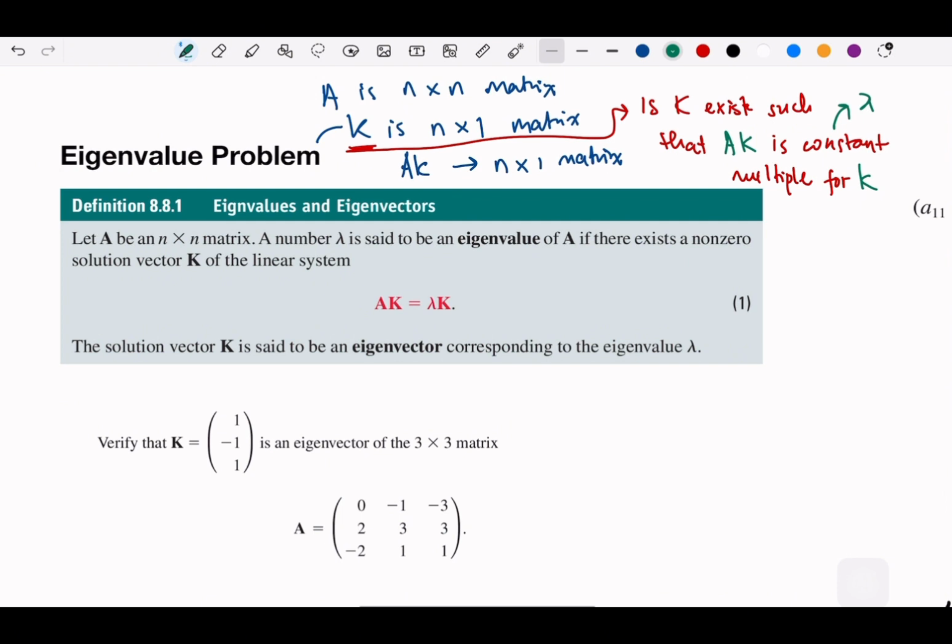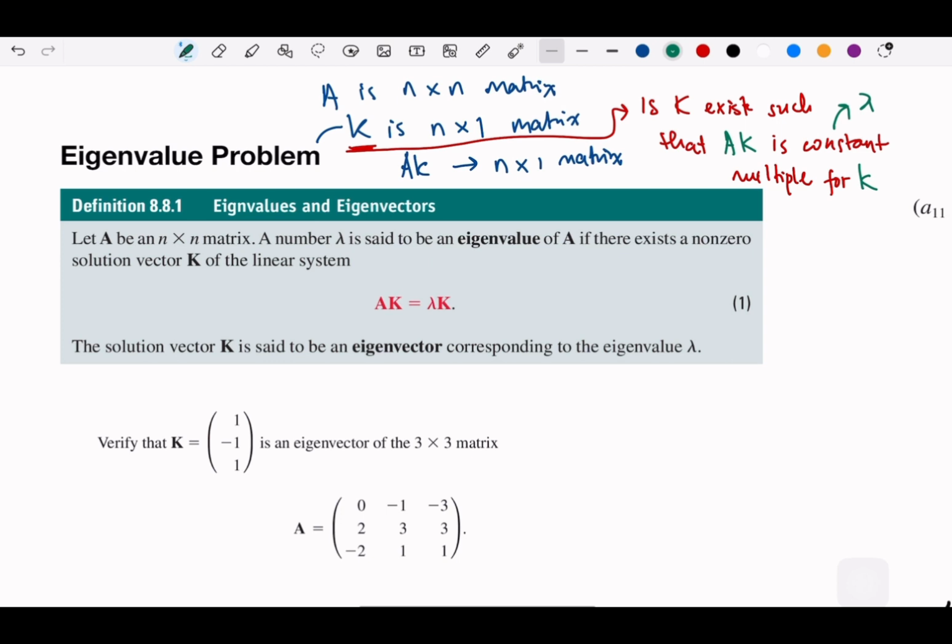Then when we have A, there will be some vector K. We call this K vector the eigenvector that satisfies this equation: AK equals lambda K. Now the solution for K itself will be named the eigenvector, which corresponds to the eigenvalue.